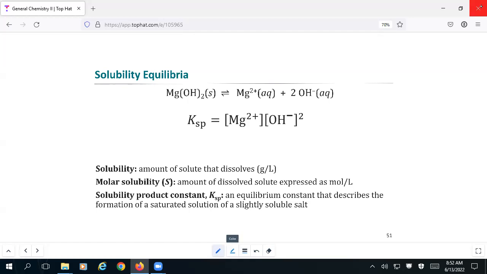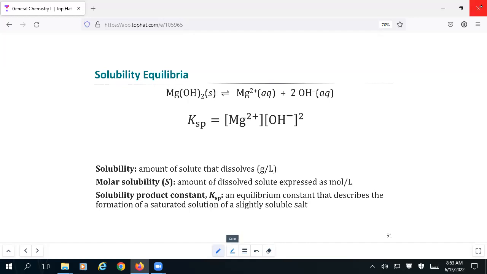The solubility of lead(II) chloride in water is 1.1 times 10 to the negative 7th grams per liter, or whatever the value is. I just made that one up. Now, we're not going to deal a whole lot with grams per liter solubility. The only time you'll actually see it is if you have to convert it into molar solubility.